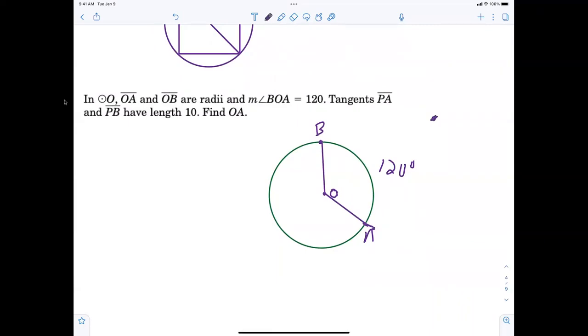So here, from here to here, and from here to here is 10. Now keep in mind, this is 120 degrees here. This is 90 and this is 90.